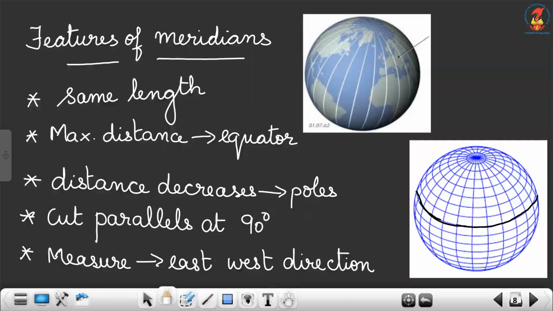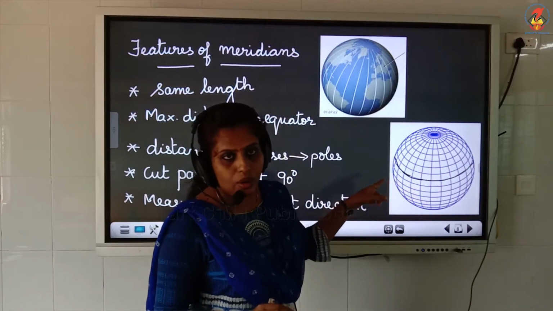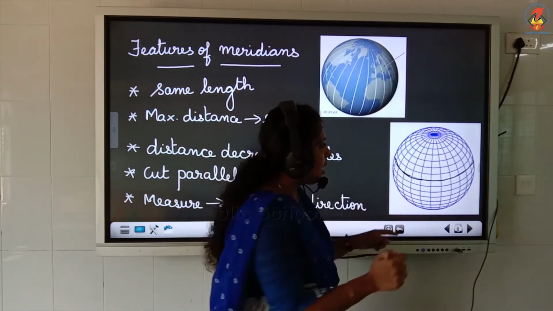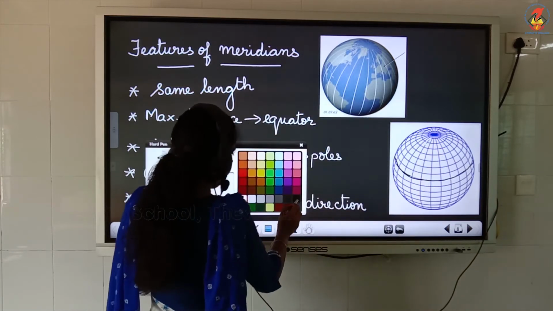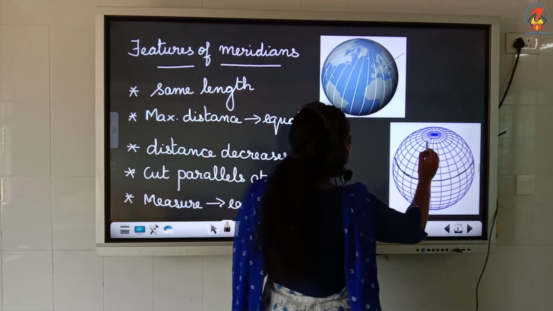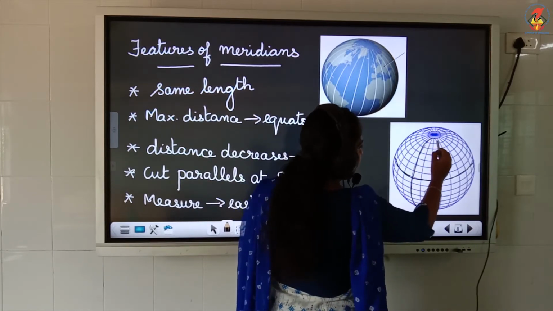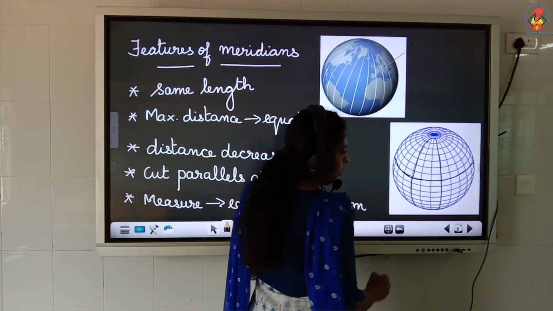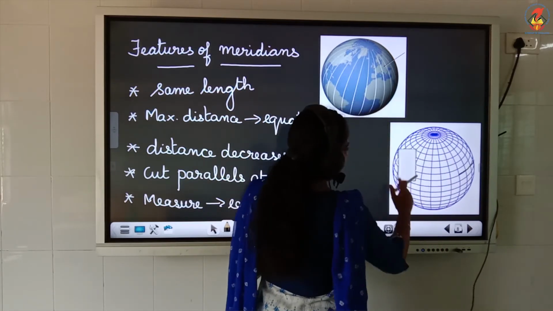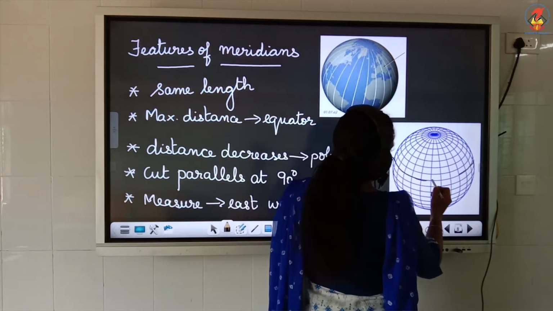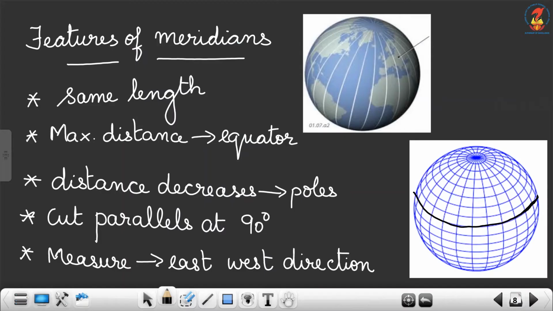If this is the equator, the middle line is the equator. You can see these are the meridians. If we take any two meridians, just look at the figure here.